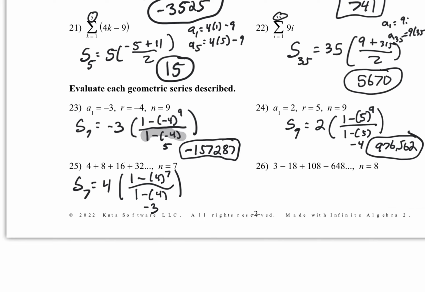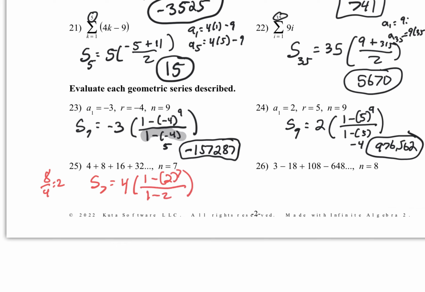Oh, geez. Rewind. Let's just ignore everything. I'm not going to edit, so just erase all that because I can't divide. Try it again. Our ratio here is 8 divided by 4, which is 2. So S of 7 is going to equal our first term 4 times 1 minus 2 to the 7th over 1 minus 2.